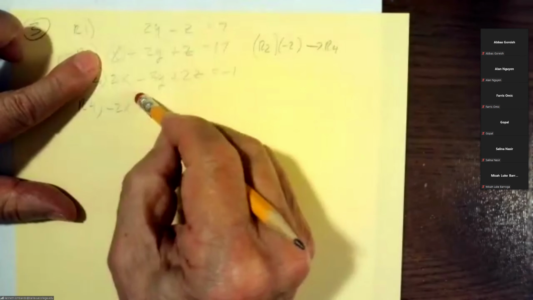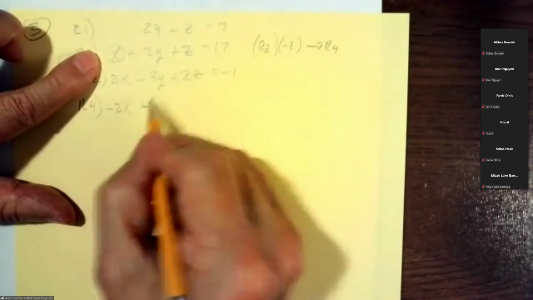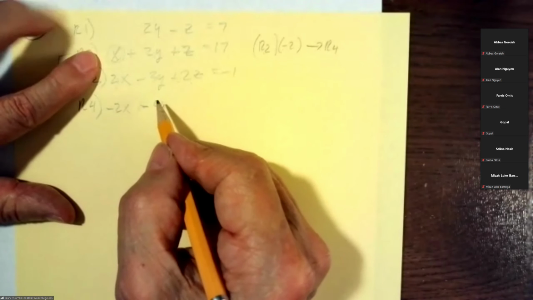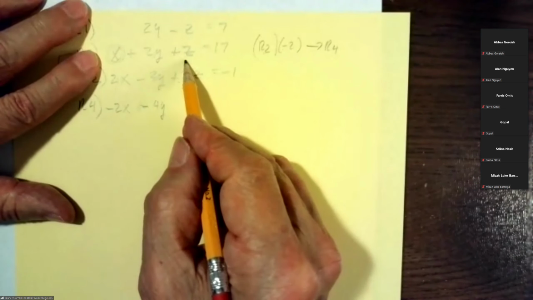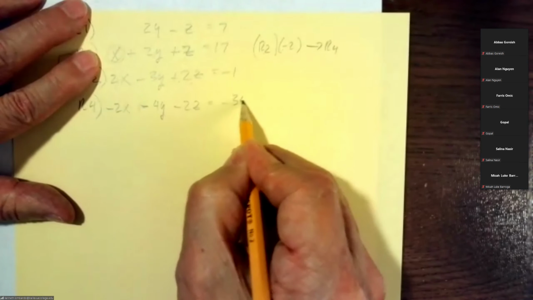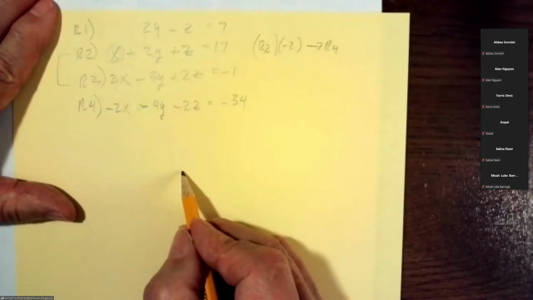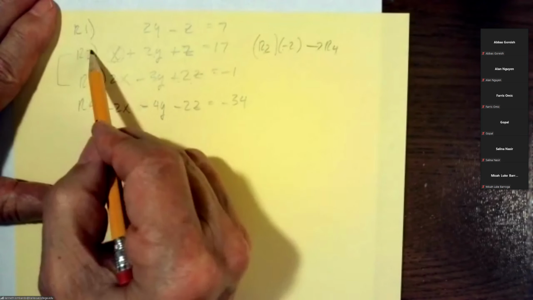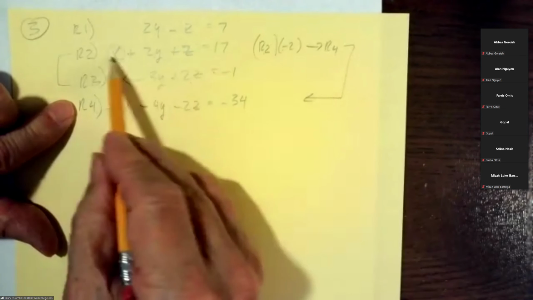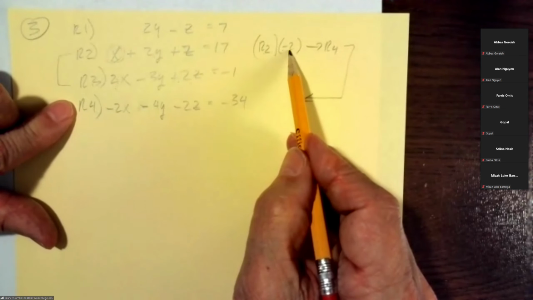That's going to be negative again, isn't it? Negative times 2 is -4y. And -2z equals -34. So I created equation 4 by doing this multiply.